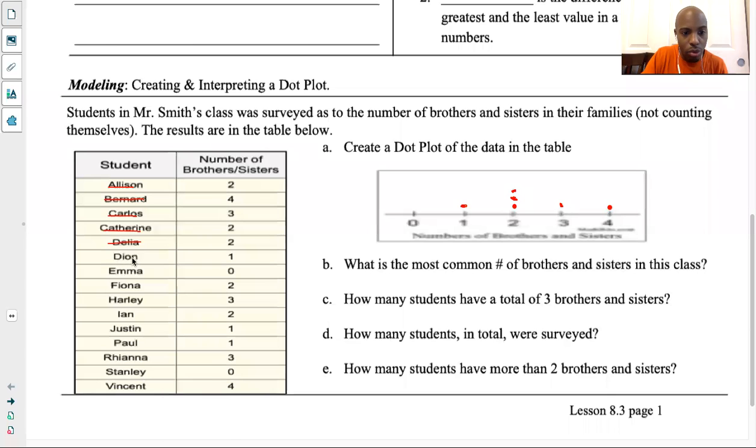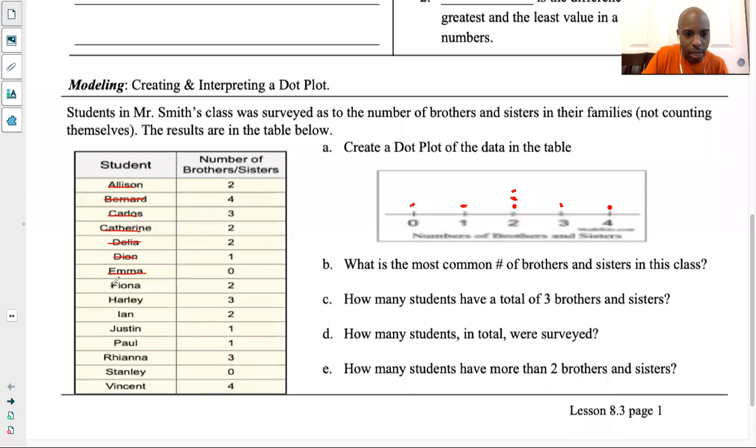Emma is a single child, right? So I'm gonna cross out Dion. It keeps doing a double click. Hold on. Try again. Good. Emma is 0, so I'm gonna cross out and put a 0 here, not there.